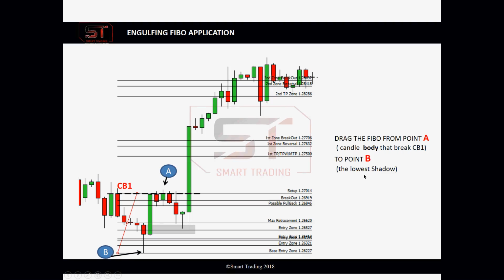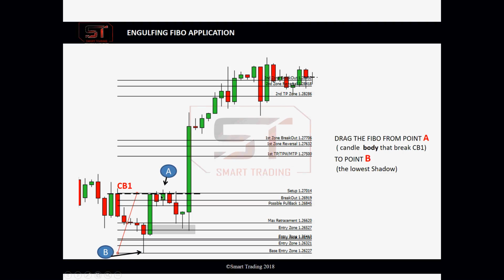So how do we apply the Fibonacci in this particular setup? For engulfing breaks, the most important thing for us is to identify the CB1. From that CB, we take the candle body of the candle that managed to break the CB1.